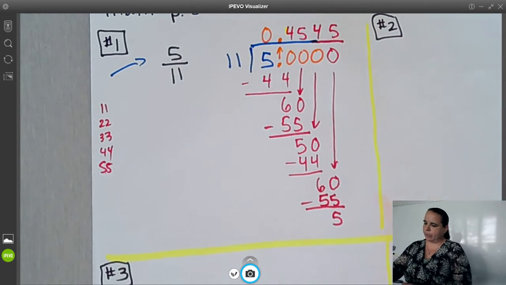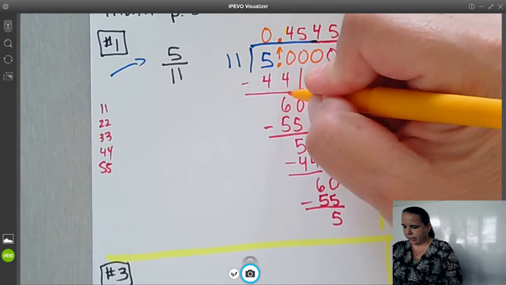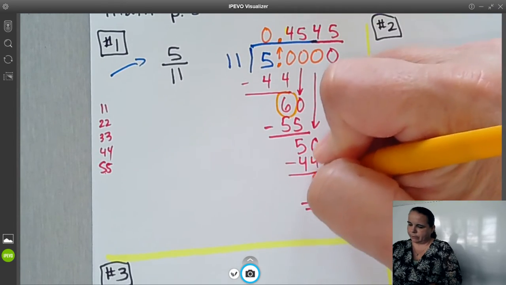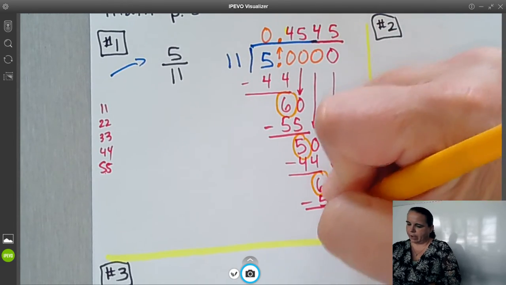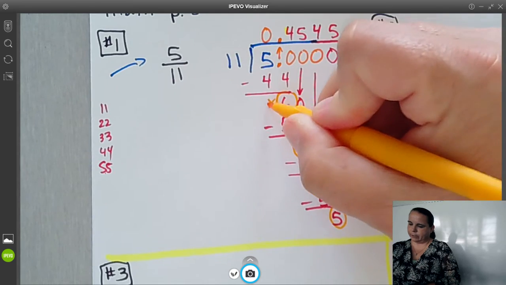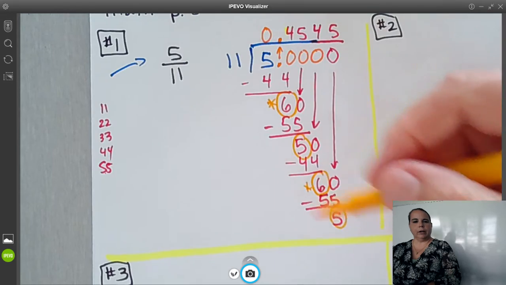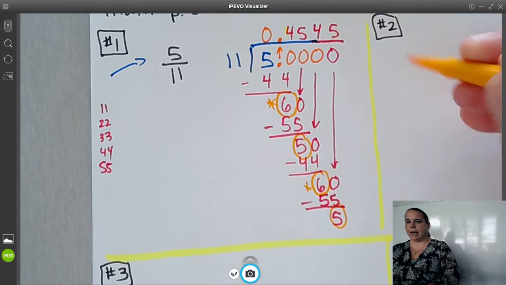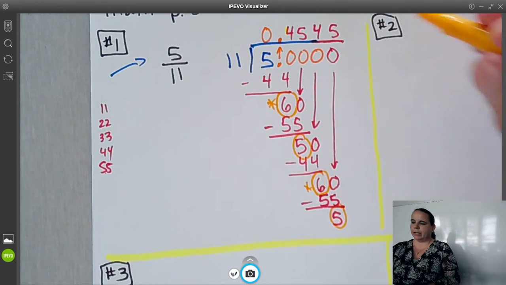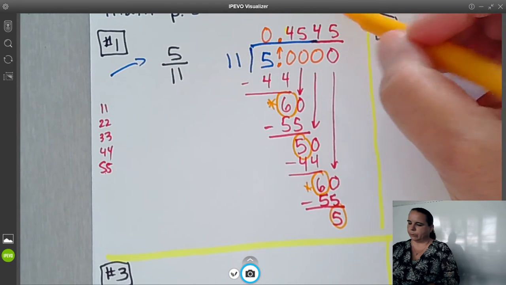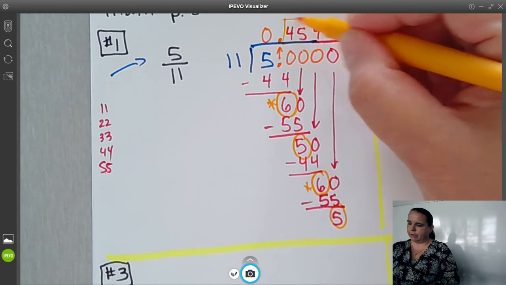But if we notice something, right here we had the remainder of 6, remainder of 6, remainder of 5, remainder of 5. So you see the pattern, here's the 6, and then we have 45, 45. So we're just going to keep repeating that same pattern over and over. So this is going to become a repeating decimal. And the chunk that's repeating is the 45.